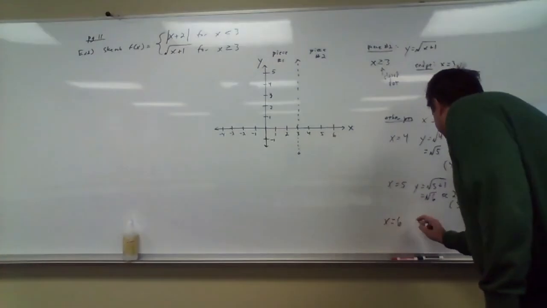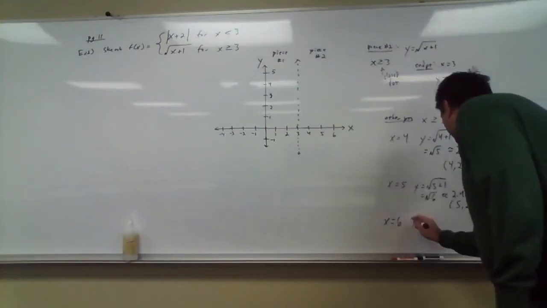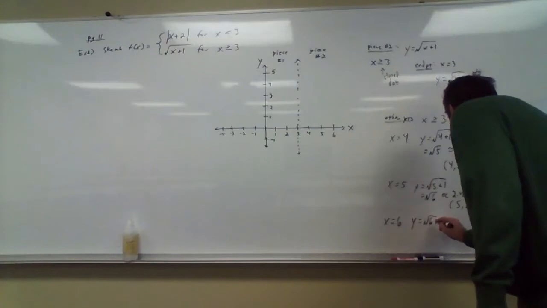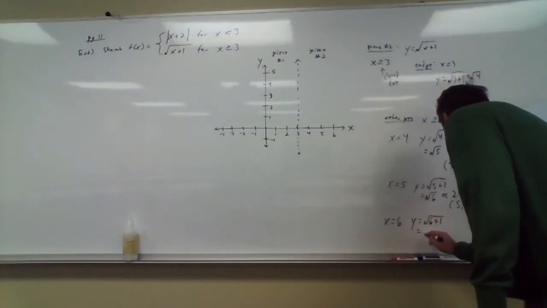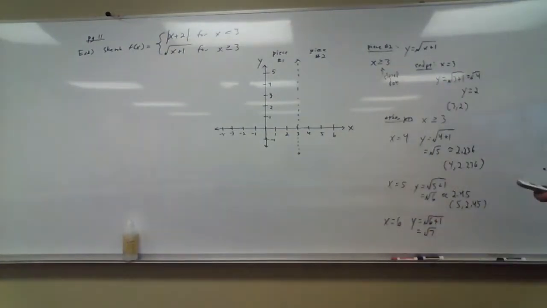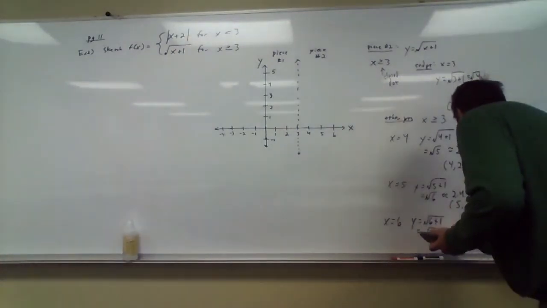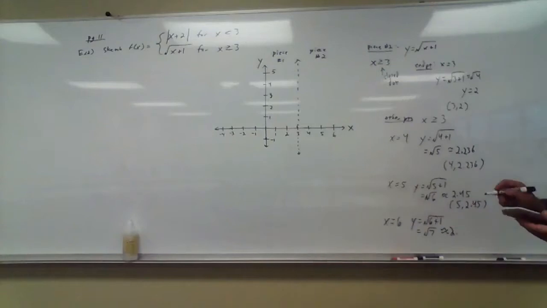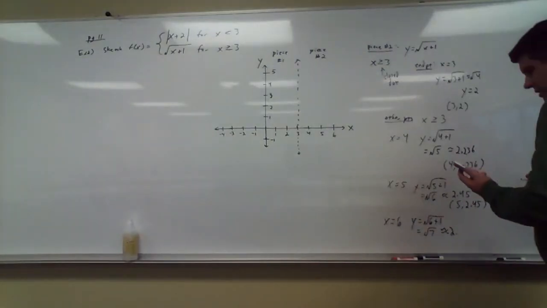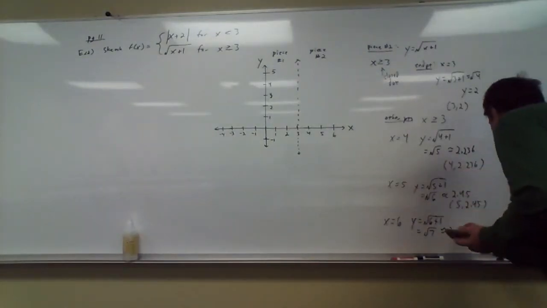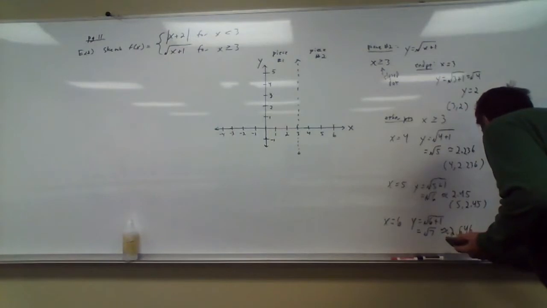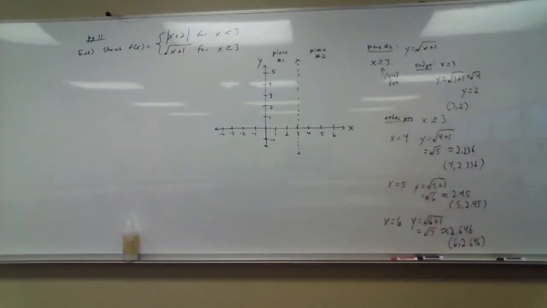Then we have x equals 6. y equals the square root of 6 plus 1, which is the square root of 7, which is approximately 2.646.